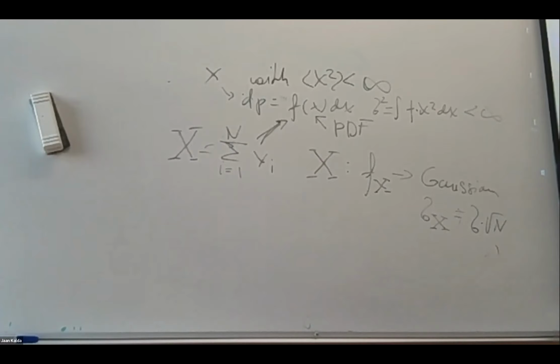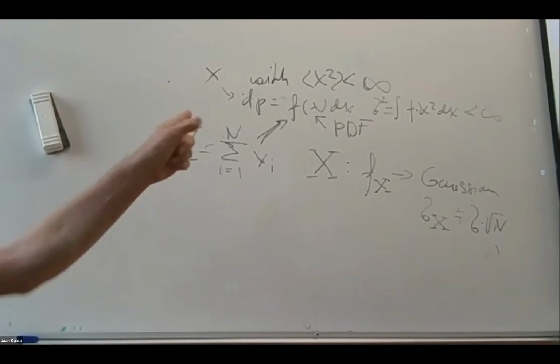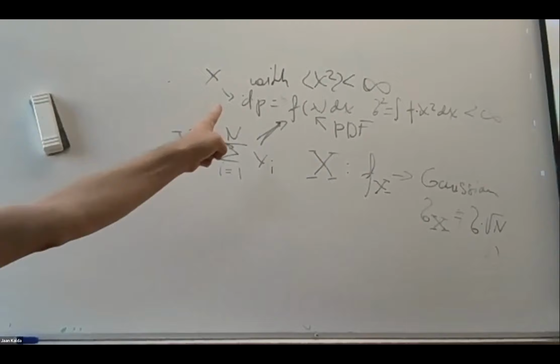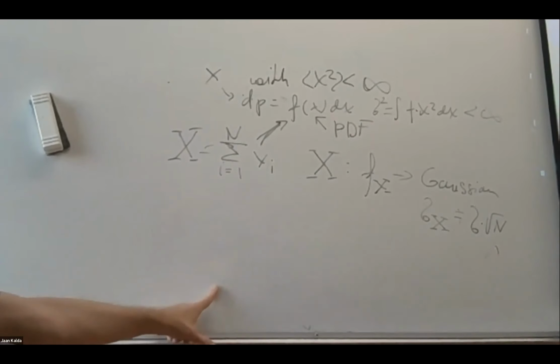For instance, if you take a dice, it has numbers from 1 to 6, and now if you throw it, the distribution is not Gaussian, because you have equally possible values from 1 to 6. This is not a Gaussian distribution, right? If your x is the result of dice throwing, the values are from 1 to 6.